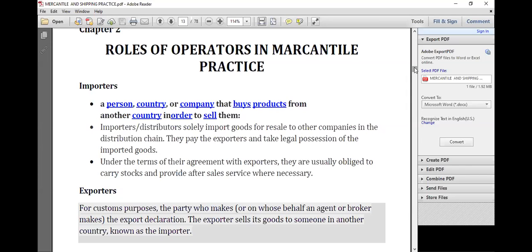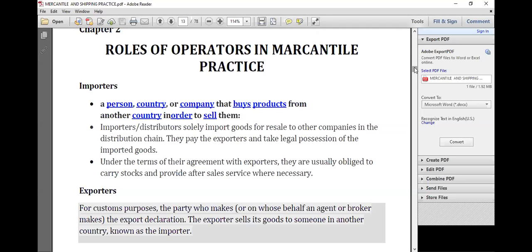For example, in Kenya, we have exporters who mostly deal with tea, pyrethrum, etc. So when this tea is shipped outside Kenya, we call it an export, and whoever is selling that, we call him or her an exporter.